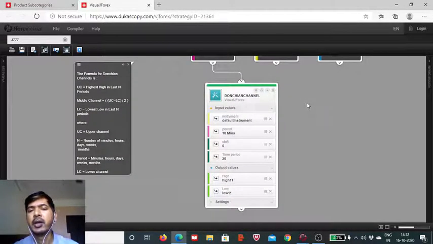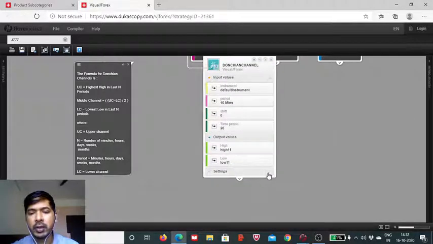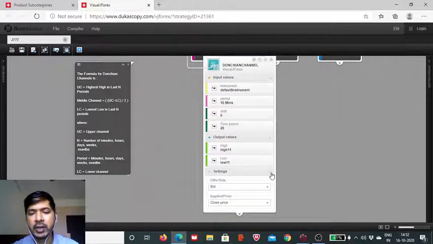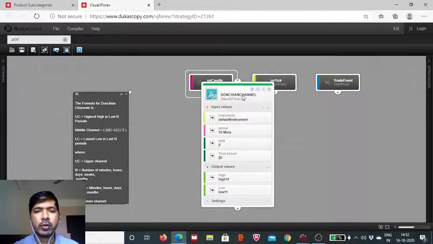Coming to the Donchian channel, it is fairly simple to calculate and it is also fairly simple to customize. All we have to do is customize these four parameters based on which we will be getting the output values, the high value and the low value, and of course we have to be mindful of the settings also, these bid side, offer side difference and applied price. We have to be mindful of those two things.